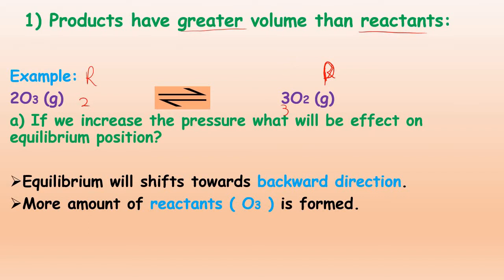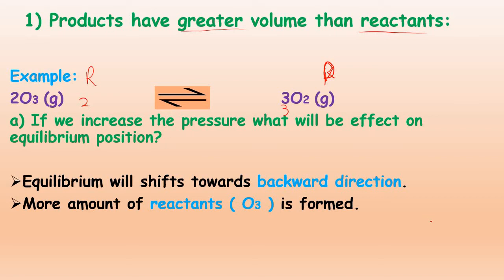Volume means you can see the number of moles, right? So the number of moles here at the product side is 3, that is the greater. So in this case, if we increase the pressure, what will happen to the position of the equilibrium?